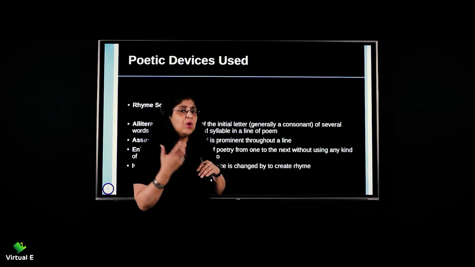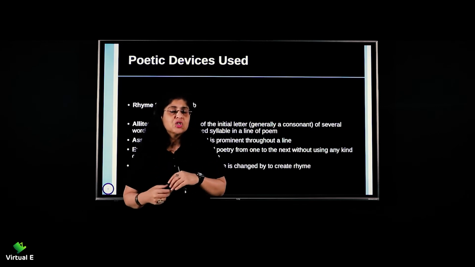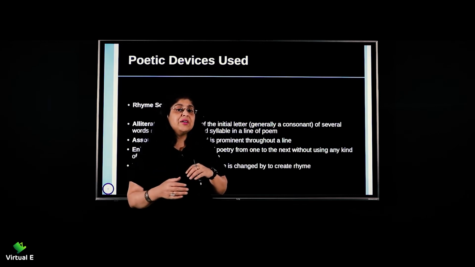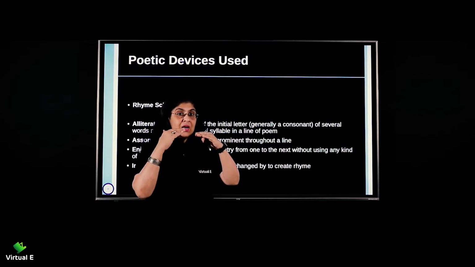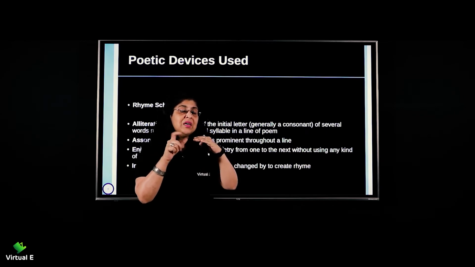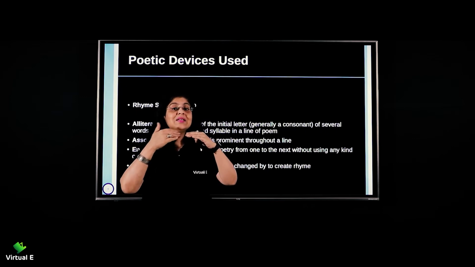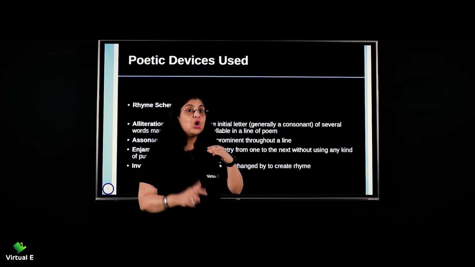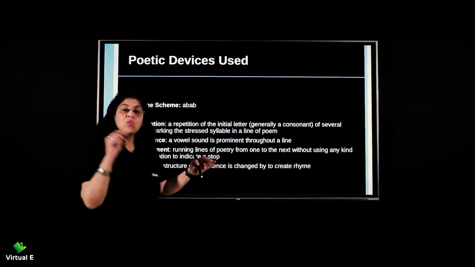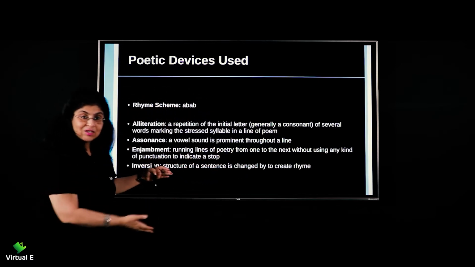Without a pause, without a punctuation in between, one line of the poem goes to the other. The first line does not become meaningful till it goes to the next. It is a continuous line, but it has come on the second part. So, that is an enjambment. This will be way clearer when we get to the poem.